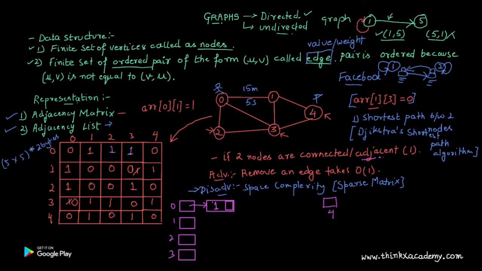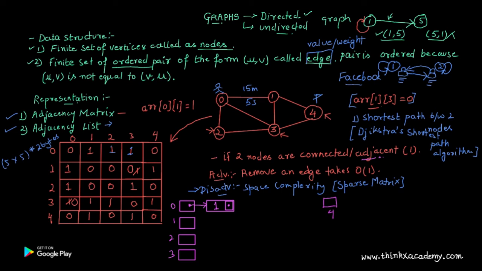That means that we can just use the next pointer of 0 to reach 1, and this next pointer of 1, we can make it null, but we know that 0 has some more adjacent elements in it.